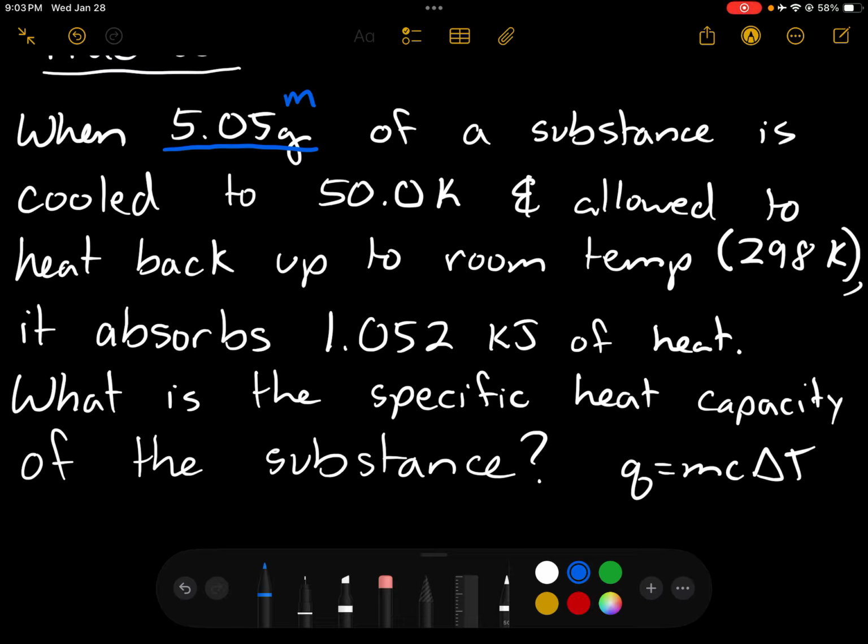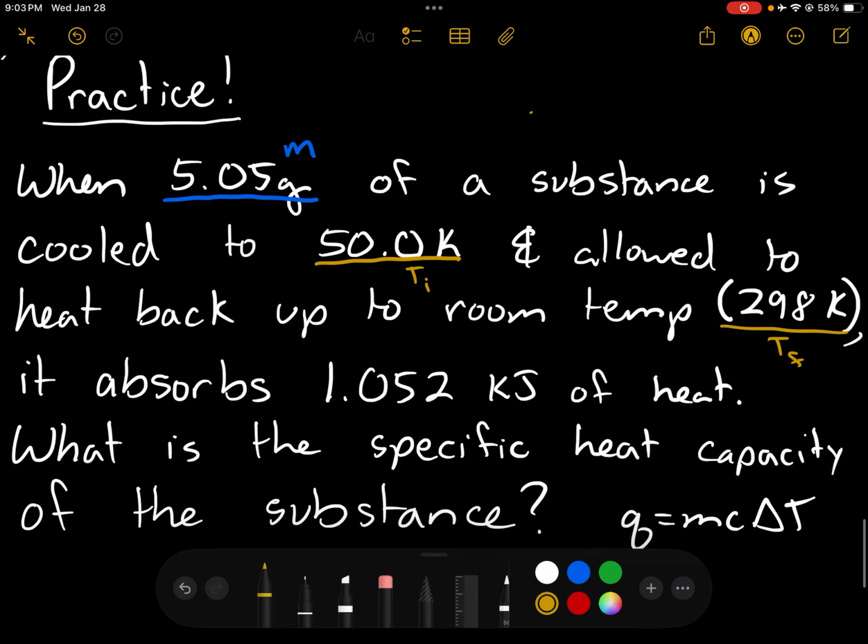That amount of substance is cooled to 50 Kelvin and allowed to heat back up to room temperature. So what we have here is an initial temp and a final temp. To get delta T, all we're going to do is subtract the two. So 298 minus 50 gives me 248 as my delta T.